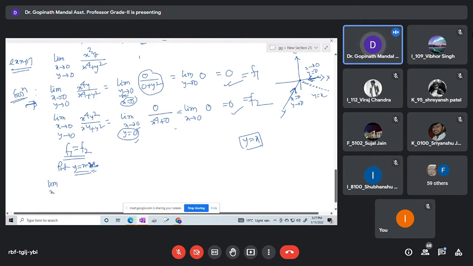In that case, the limit x tends to 0, y tends to 0 of x to the power 4, just put the value y equal to mx, replace the value of y, so x to the power 4 and m square x square. So this limit will be the limit x tends to 0.